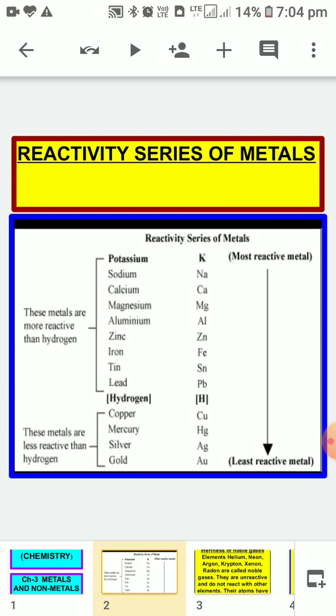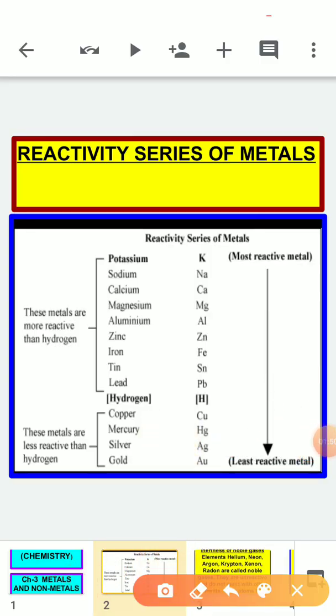With the help of this hydrogen position, we can find out which metals are more reactive and which are less reactive. The metals which are having position above hydrogen are highly reactive metals, and the metals which are below hydrogen are less reactive metals.